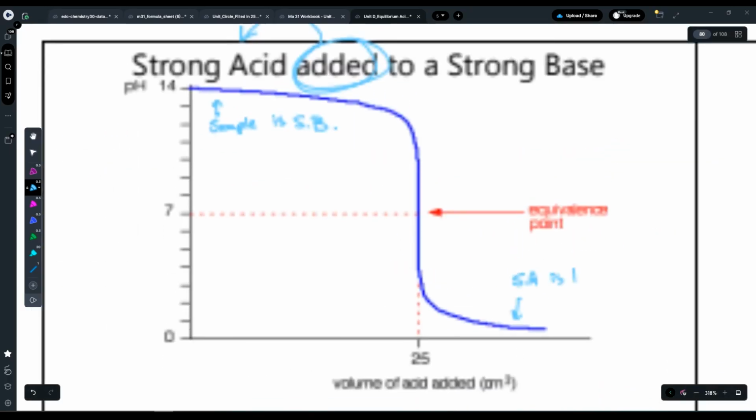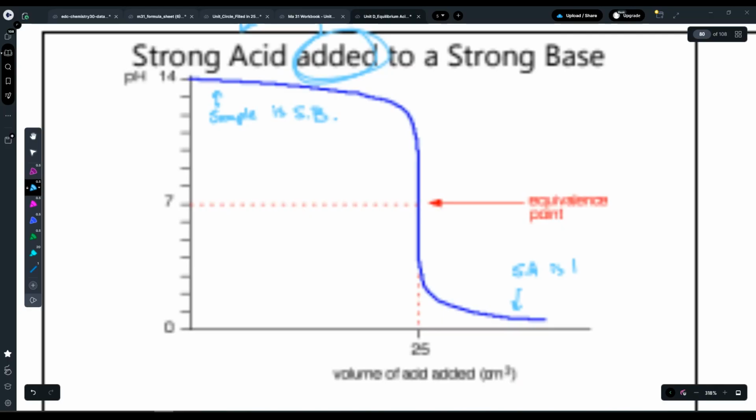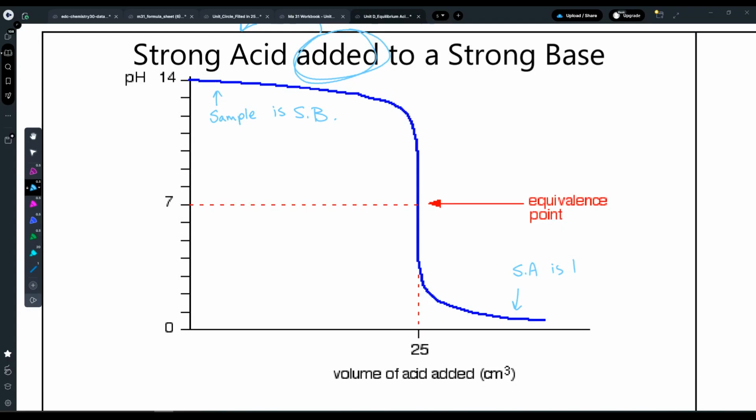Okay, and when you titrate a strong base with a strong acid, your endpoint happens at roughly the same point as the equivalence point. Endpoint just refers to pH, whereas equivalence point refers to volume.